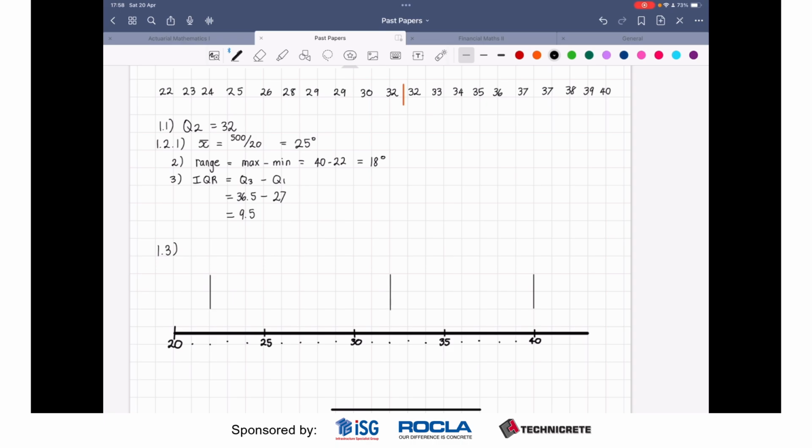My Q3 was 36.5. My Q1 was 27. Then my Q1, my Q2, and my Q3 make up the box. And I use the whiskers to connect my min and my max.